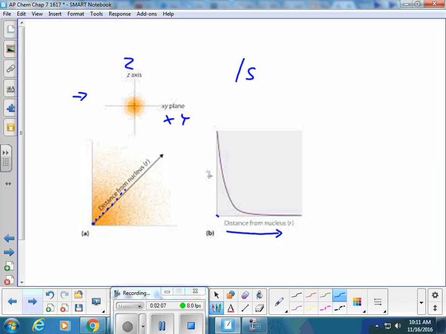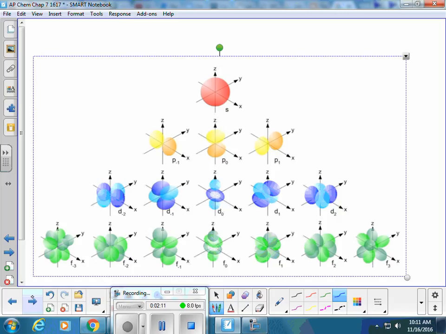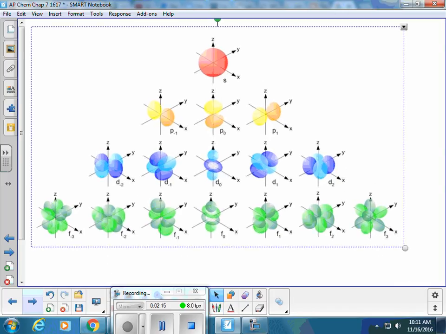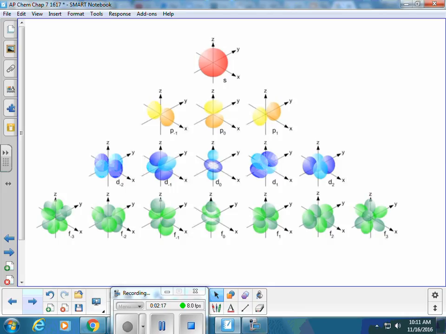Let's take a look at the next slide here. On the next slide, I've got a diagram, and this diagram has the probability distributions of the orbitals in different subshells.